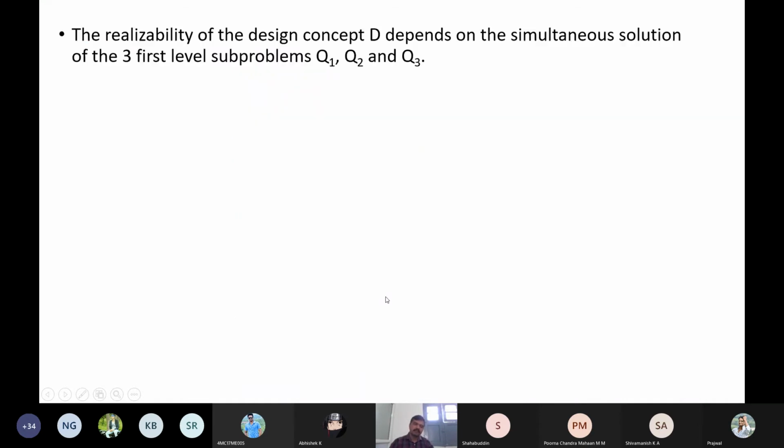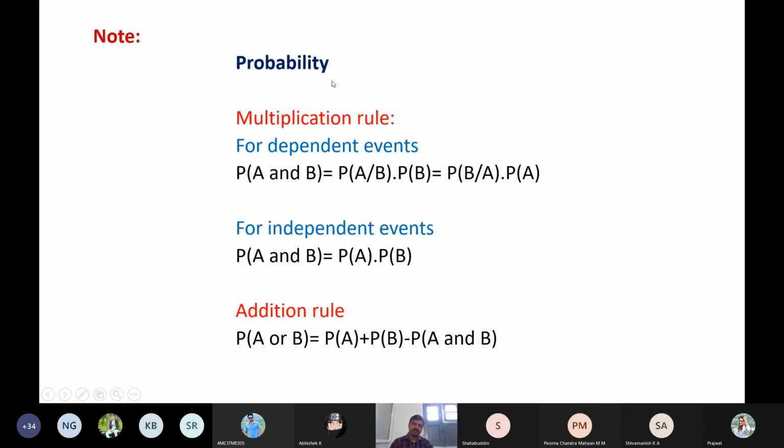To successfully convert a design concept D into its physical form, you have to solve all three, Q1, Q2 and Q3. So for this case, you are going to make use of the multiplication rule.